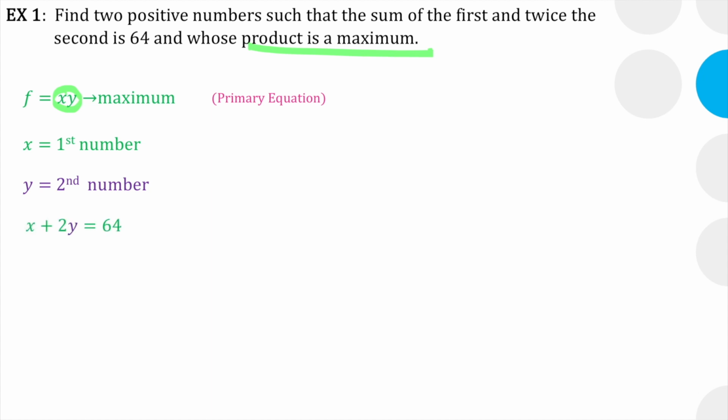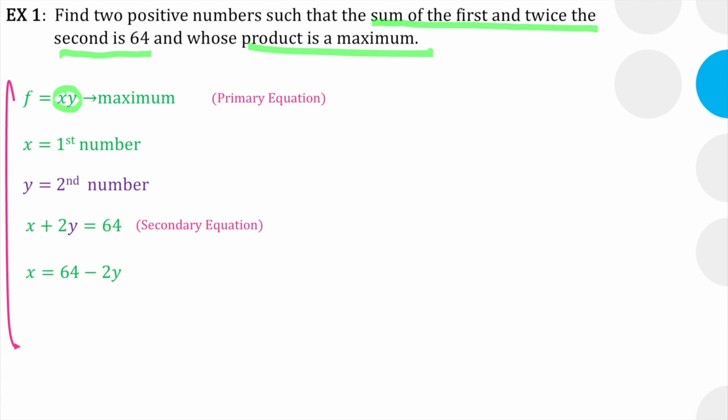And then there's some more information given in the problem, and that is that the sum of the first and twice the second is 64. This is a secondary equation, and we're going to use this to eliminate one of the variables. So I'm going to solve for x, and I'm going to take that x and plug it back into my primary equation.